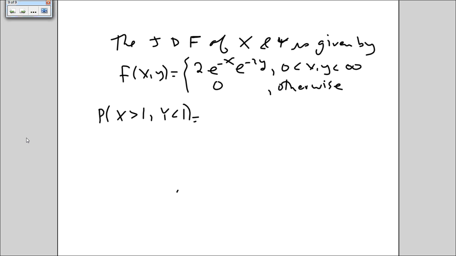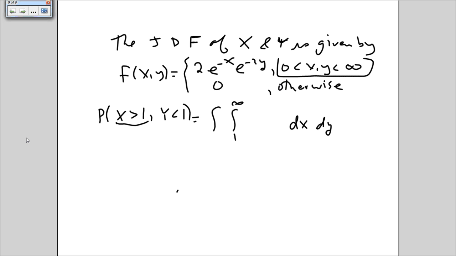Okay. Well, this is going to be the double integral. And first I'll write dx. And x's go from 1 to infinity. And y is less than 1.